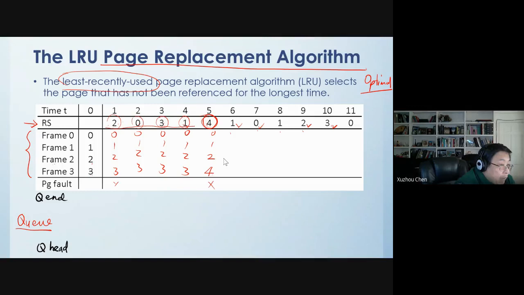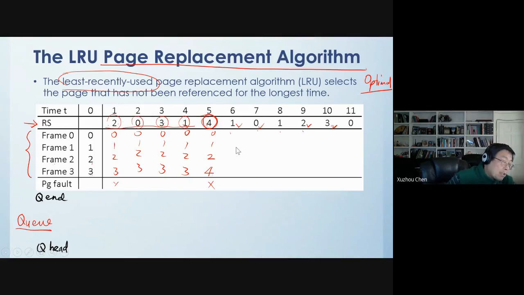So we have to make sure at compile time we know exactly the sequence of the pages that will be loaded, which is not really possible because for some dynamic linking algorithms, you don't know which page will be loaded next. So optimal is not realistic.